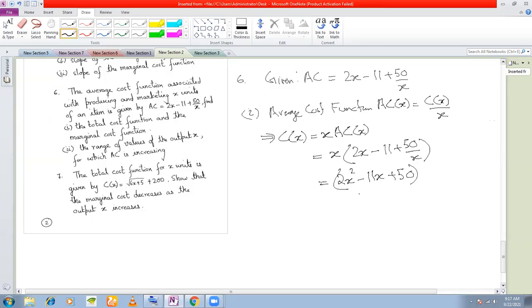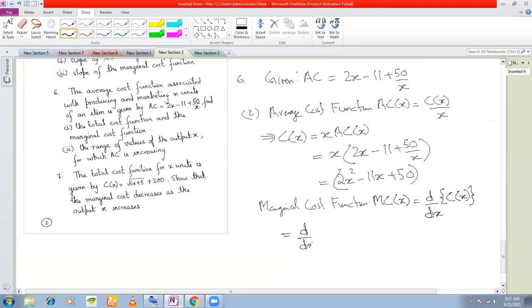Okay. And they have also asked you to find out the marginal cost function. So the marginal cost function is nothing but the differentiation of the total cost function. MC(x) is equal to the differentiation of the total cost function.